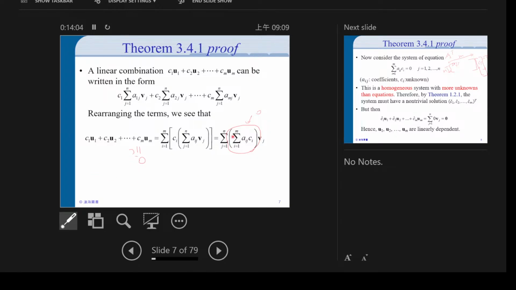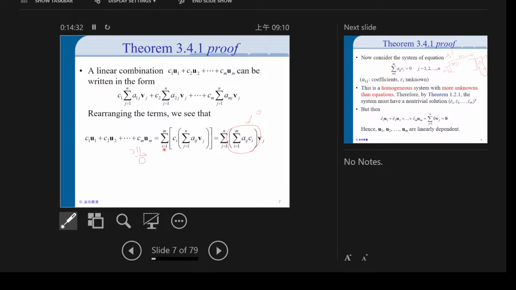So in the end, we have the sum over j, the sum over i of Aij Ci, times Vj. As we said before, we want to check whether this thing is equal to the zero vector or not.